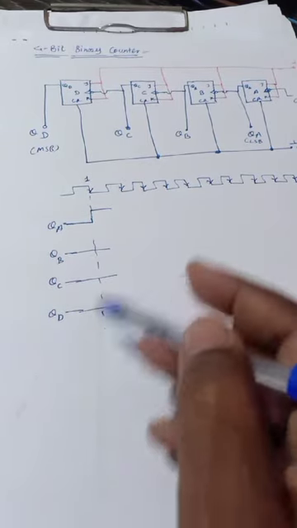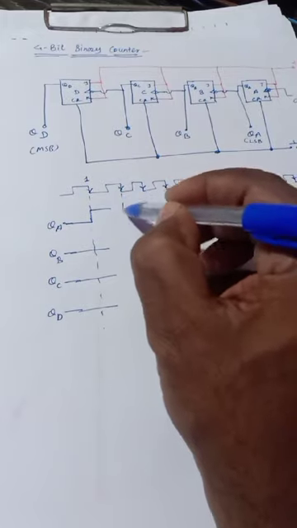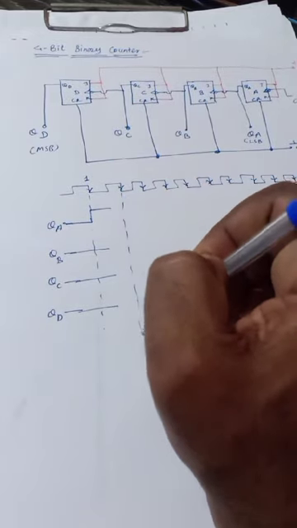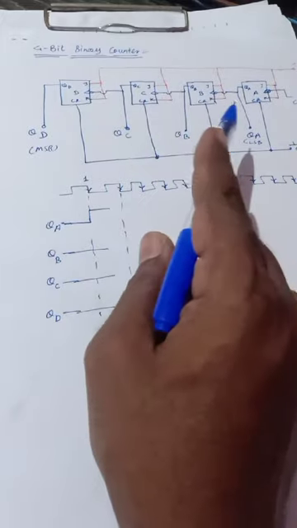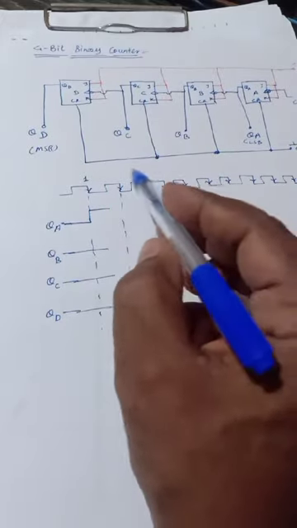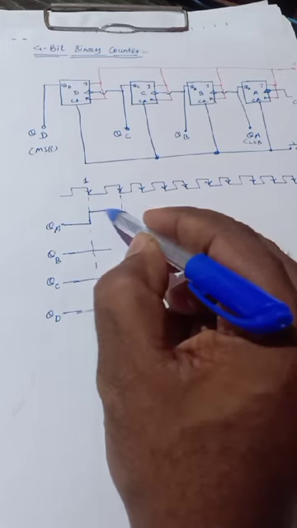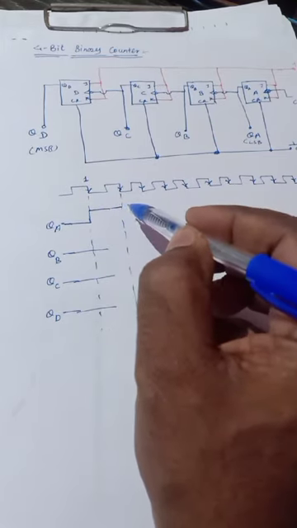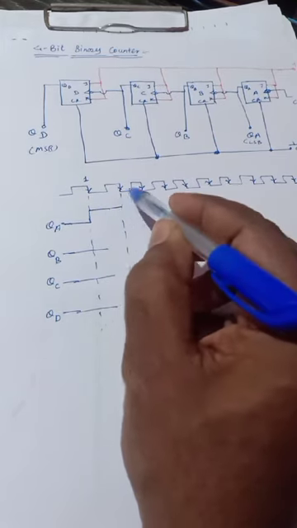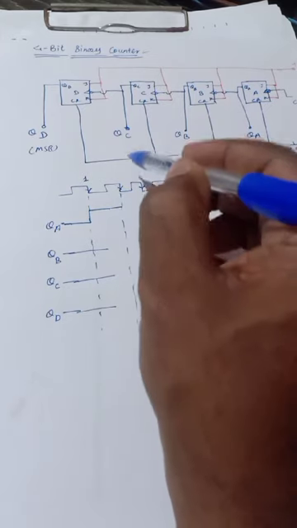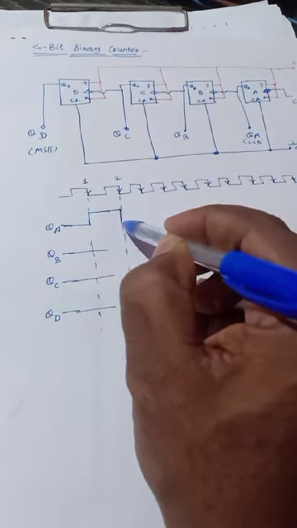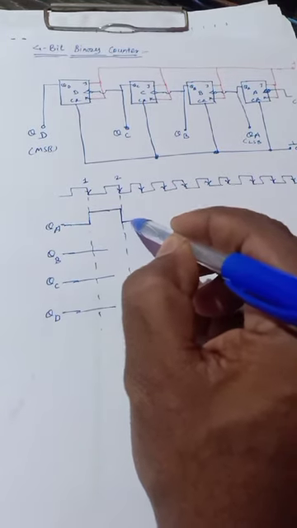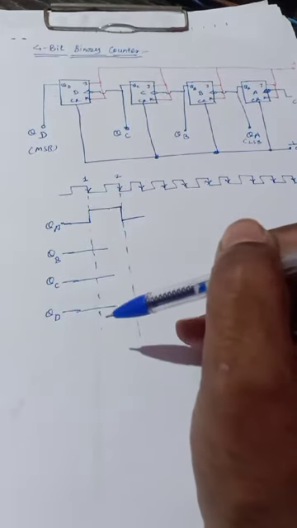Okay, so at the arrival of the second clock, what happens? Again, all the flip-flops have J and K equal to 1, so they operate as toggle T flip-flops. At the falling edge of the second clock, Q toggles again.